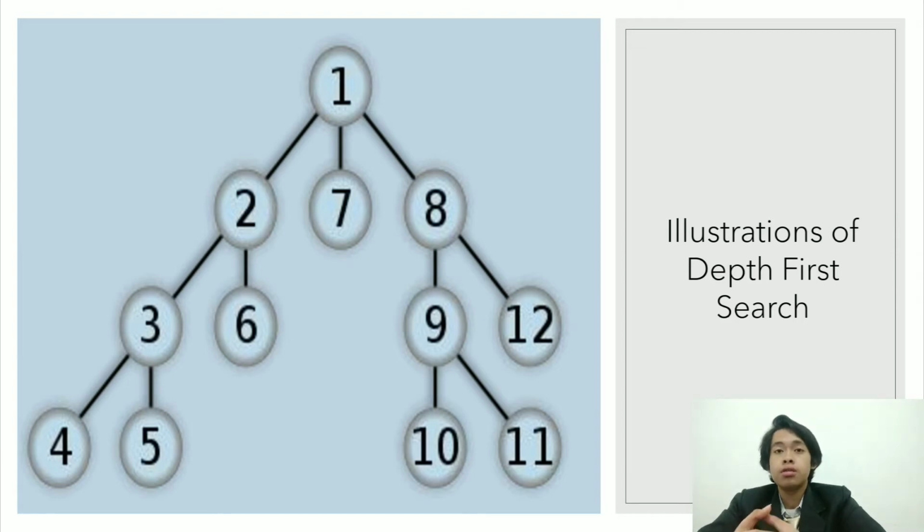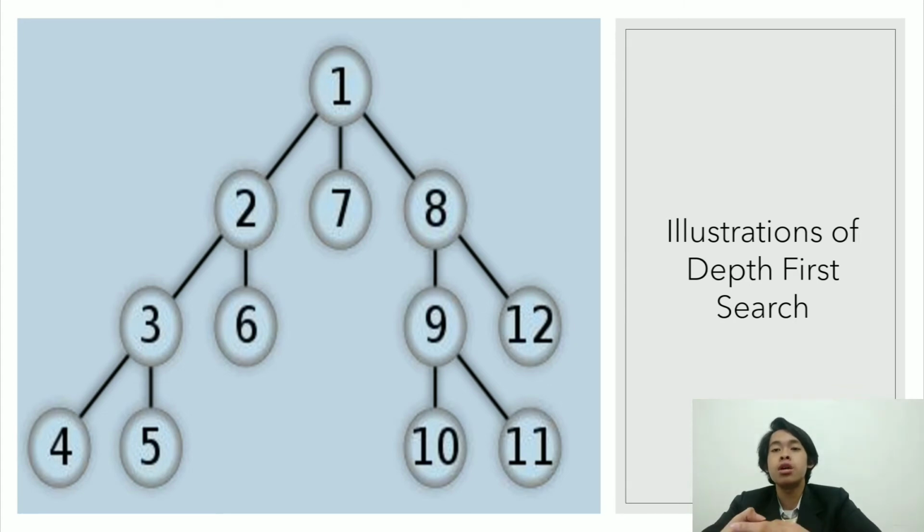Okay. Next is the illustration of DFS, or depth first search. Here you will see a picture that illustrates DFS on a tree structure. DFS is where the search goes to the deepest node first. The meaning is, for example, in the picture you will see the numbers 1, 2, 3, and 4.